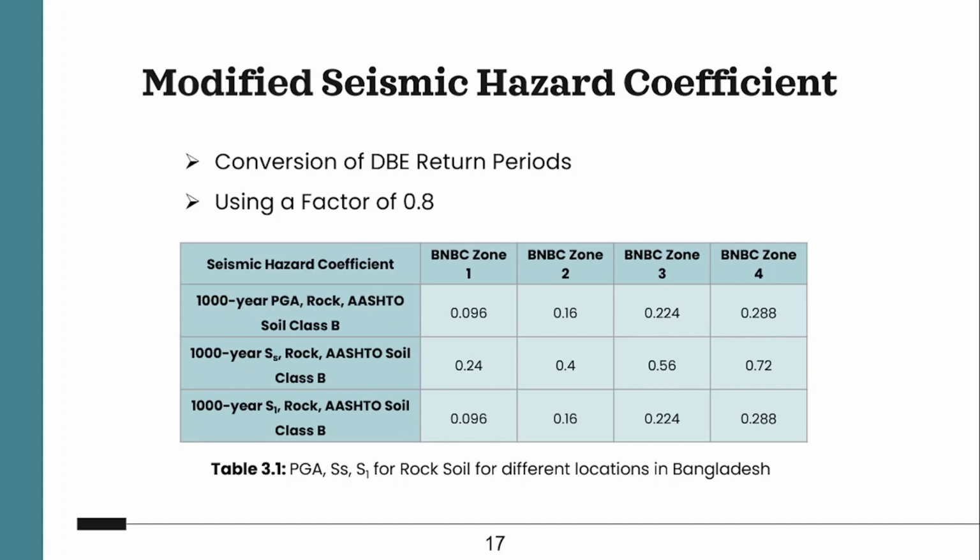So if we use the same factor, which is 0.67, for converting MCE to DBE as in BNBC, then it will not actually be okay. So as a result, we have to use a factor which is higher than 0.67, and according to the geotechnical judgment and the literature, we are providing a factor of 0.8 to convert the MCE to the DBE, and the seismic parameters have been generated according to the factor.